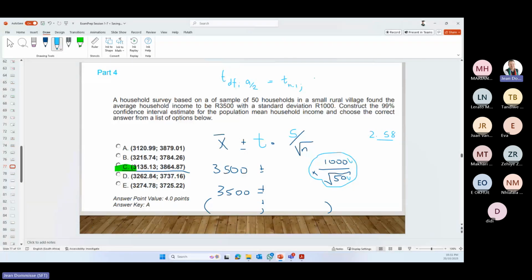So let's put in the alpha is 0.01 divided by 2. So we're going to look for a t that is 50 minus 1, 49. And 0.01 divided by 2 is 0.005.